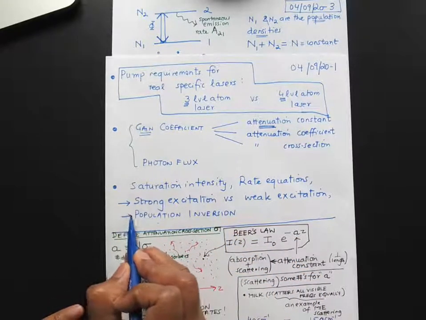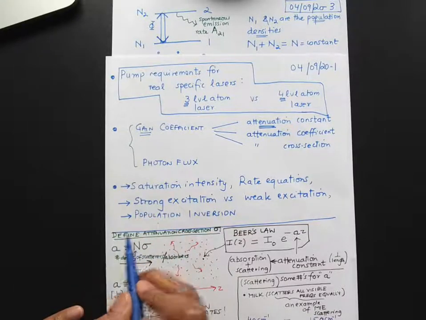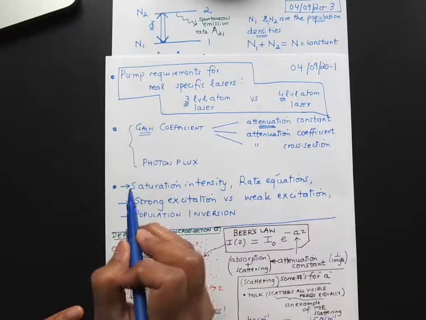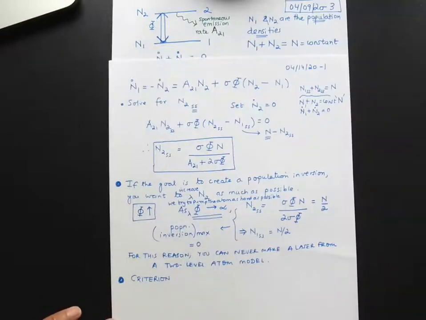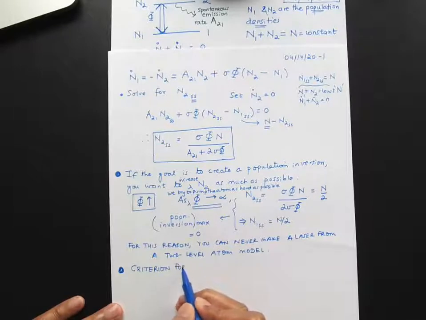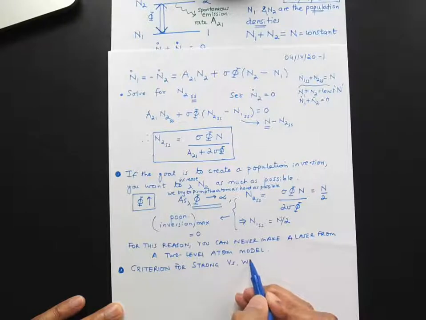We've already talked about population inversion, but I was going to talk about saturation intensity. We've already discussed rate equations, but these are very important concepts, and we'll talk about them right now. This establishes a criterion for strong versus weak excitation.